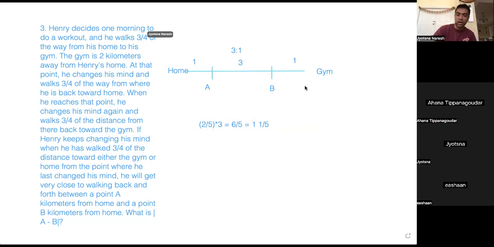I know that B minus A is going to be 3/4 of 2 minus A. And A minus 0 is 1/4 of B minus 0. You basically get 2 equations that you can solve here. You will still get the same values, but this is another way you can think about it. If you want to do it purely algebraically, but the geometric way is easier to think about in the ratios here.